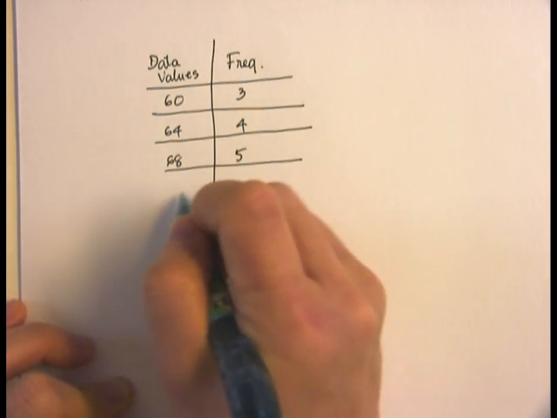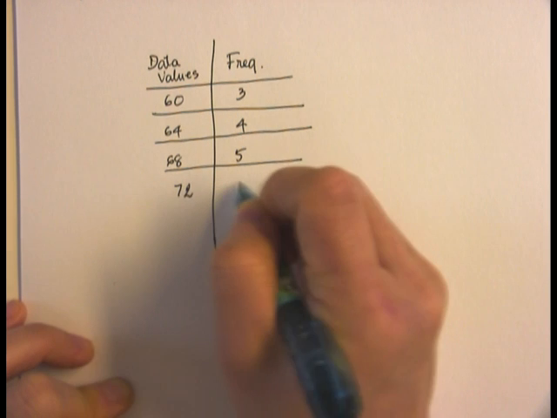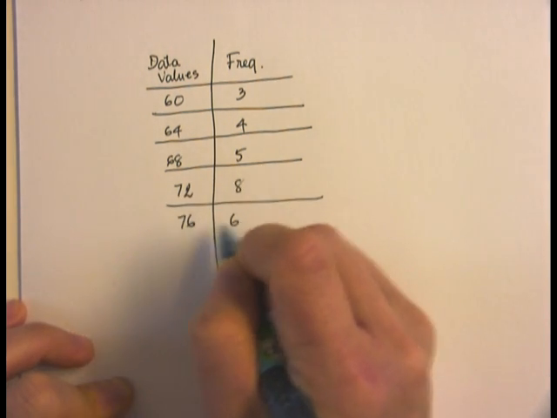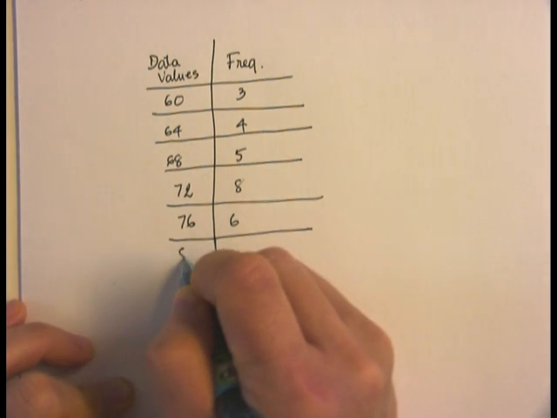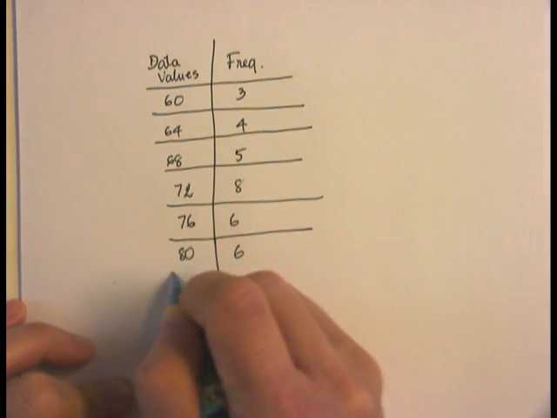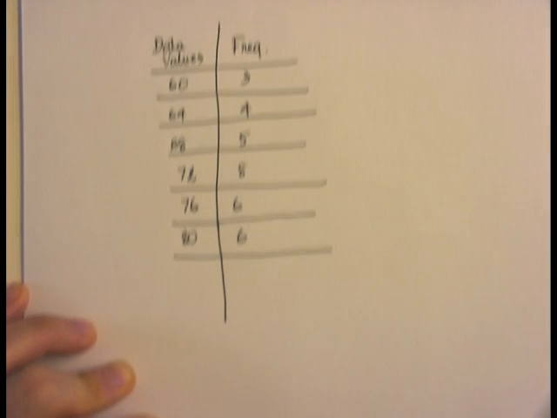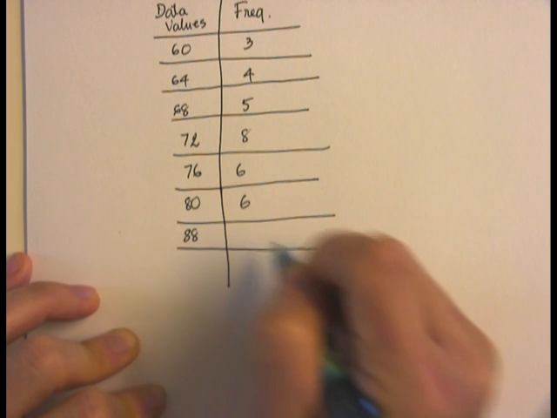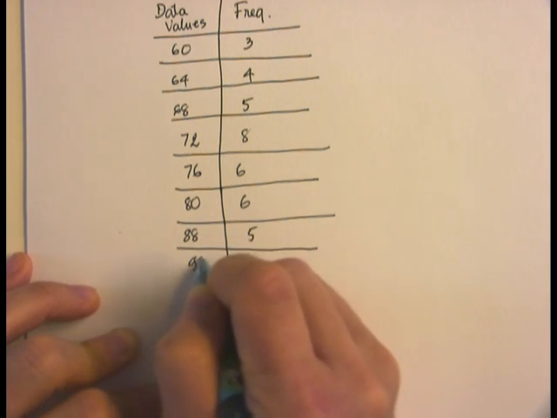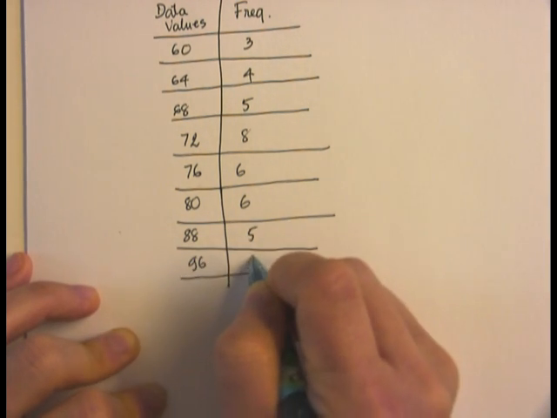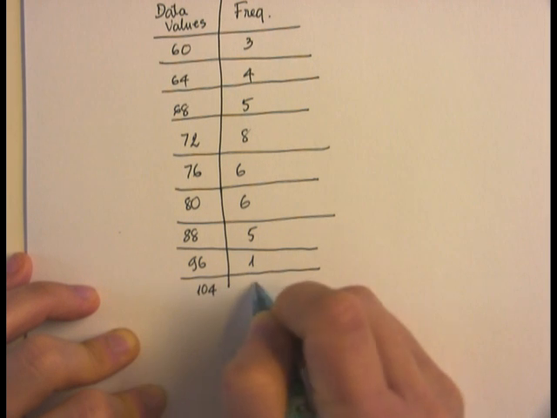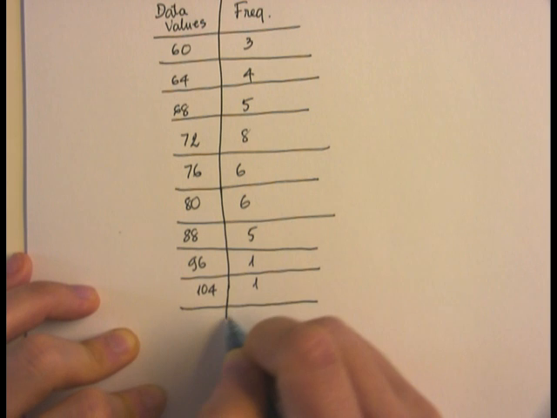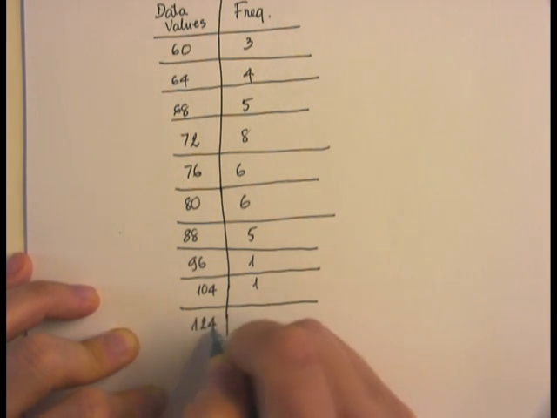So 5 here, and then 72, there are 8. 76, there are 6. 80, there are 6 again. And lastly, 124, we have 1.